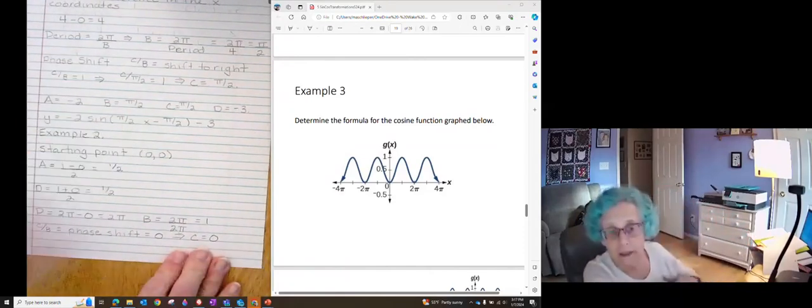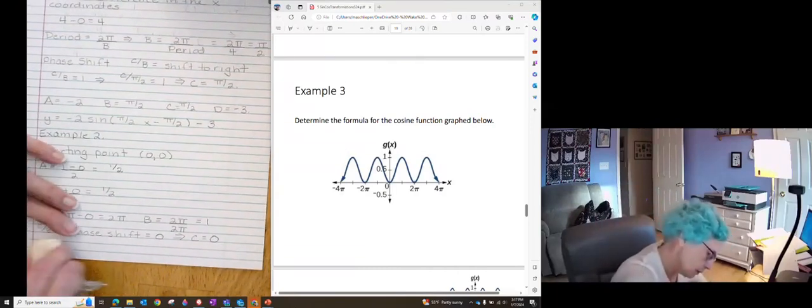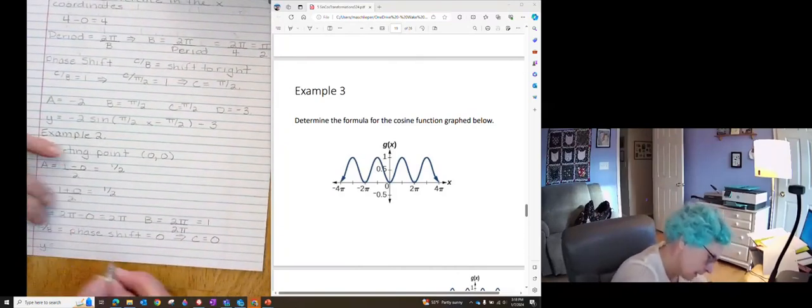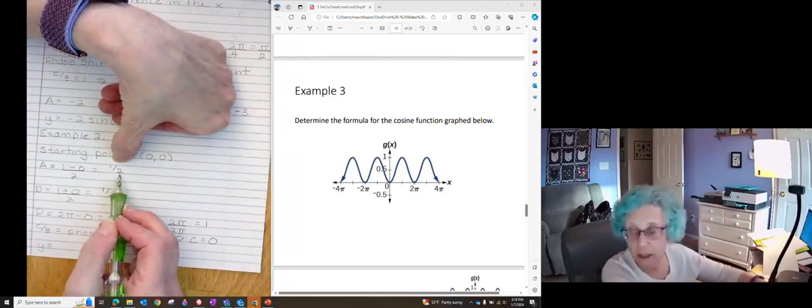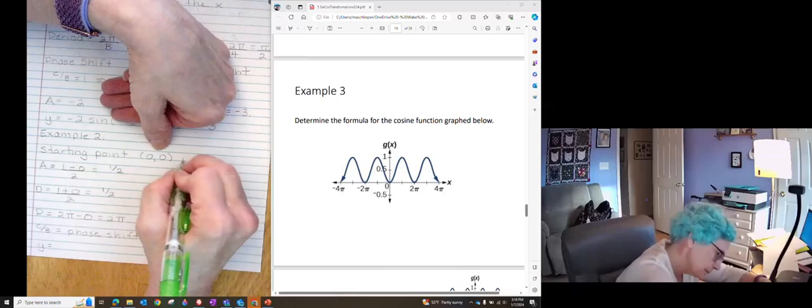So now all I have to do is write down my function. y, or f of x, is equal to a, and it's going to be negative because we start at the min instead of the max.